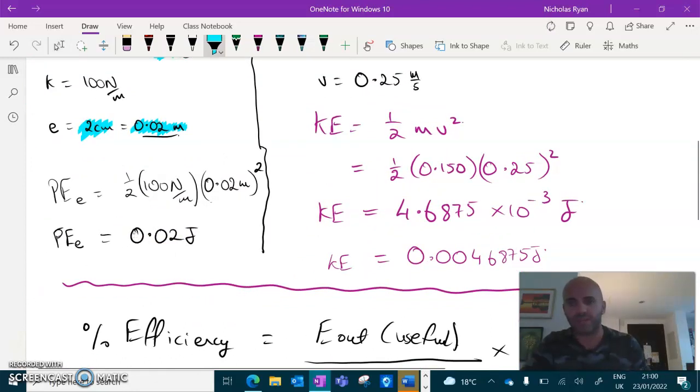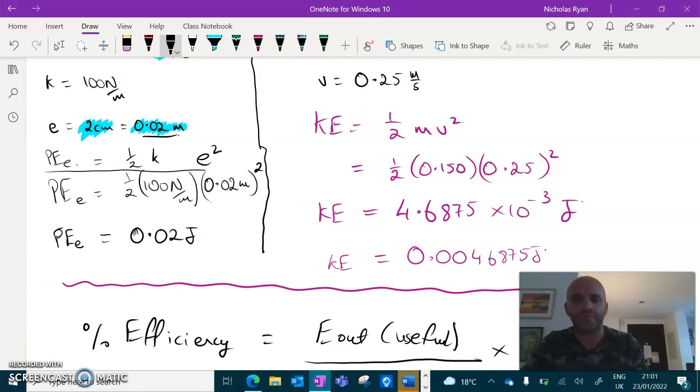So I've got a half kx squared, or a half ke squared, for the elastic potential energy. Sub in your numbers, and that works out to be 0.02 joules.